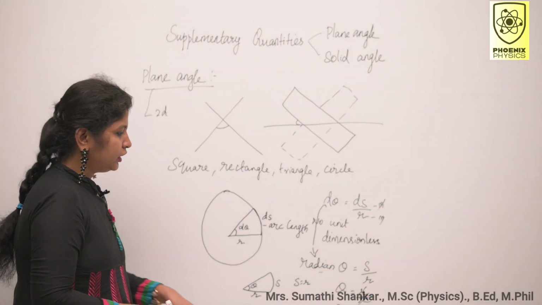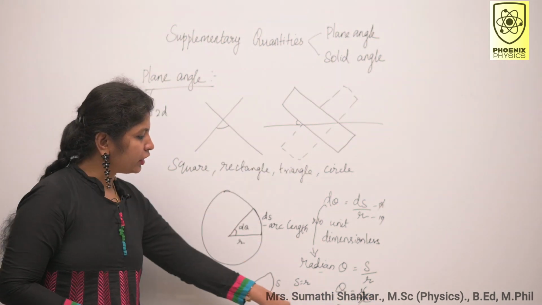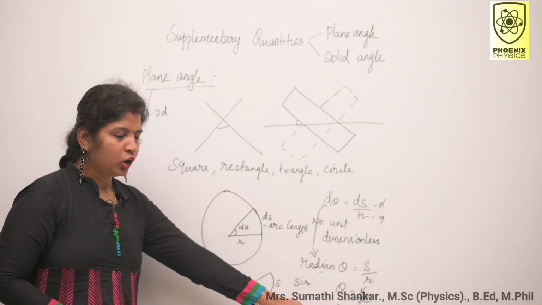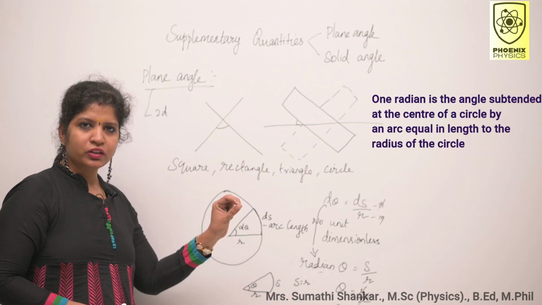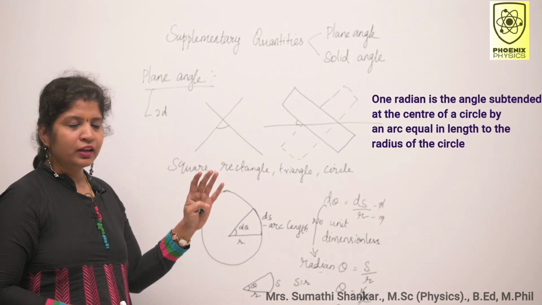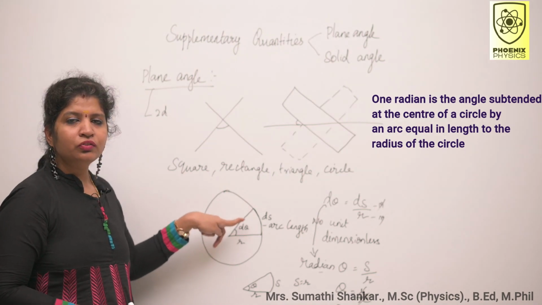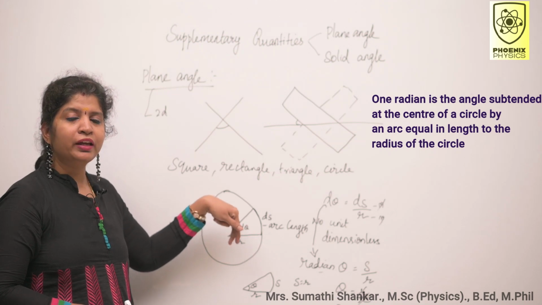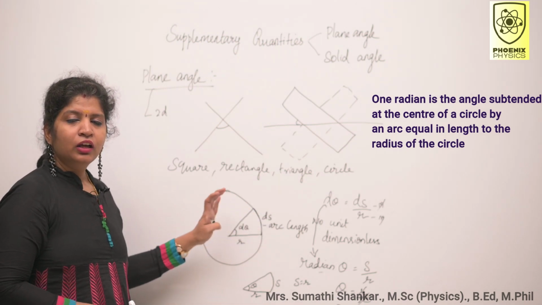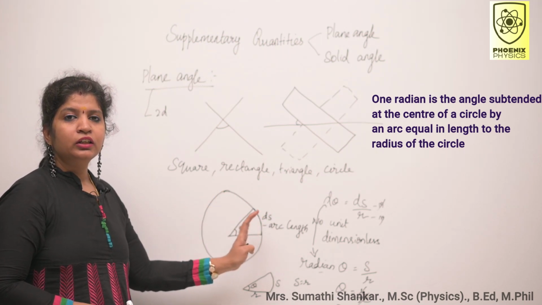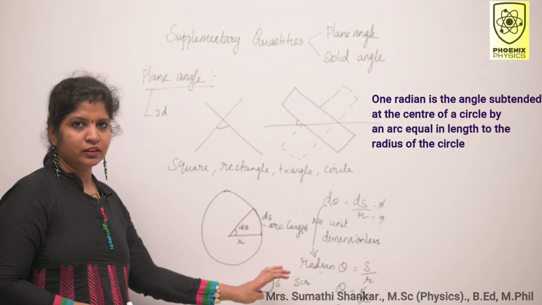Okay. Then how will you define 1 radian? 1 radian is the angle subtended at the center of the circle by an arc equal in length to the radius of the circle.